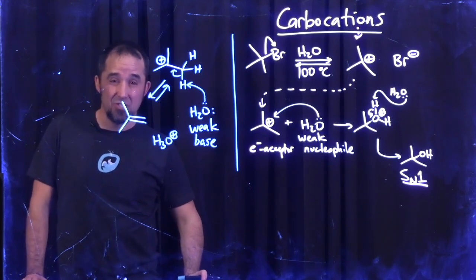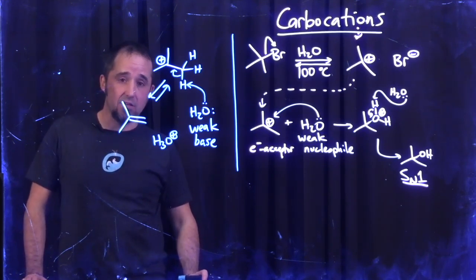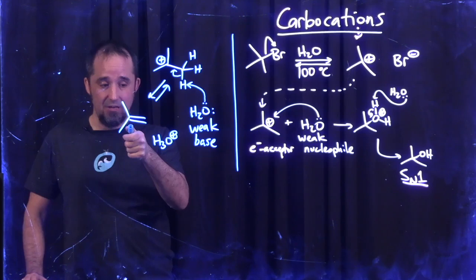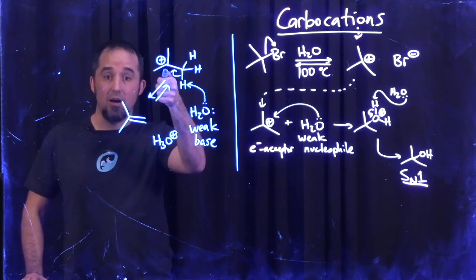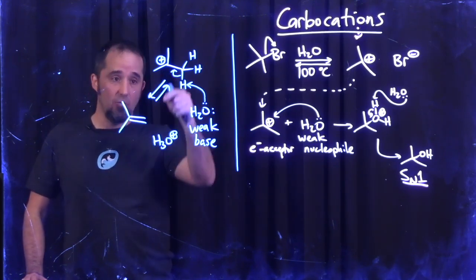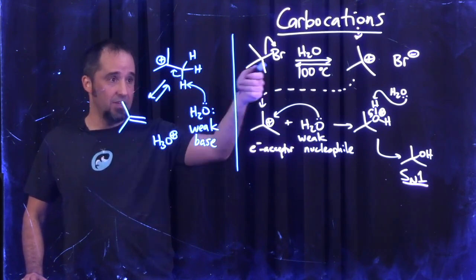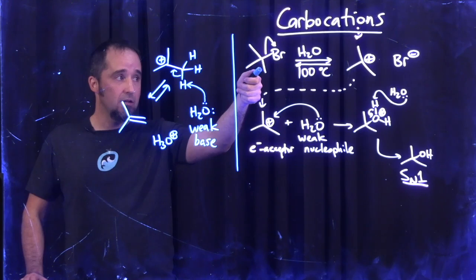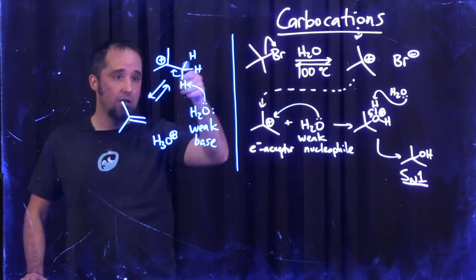We'll actually start off our Organic 2 class by talking about this backwards reaction. Start with an alkene, add acid, get carbocation. But for now, we're going this way, right? Get carbocation from something like this bromide, leaving group leaves.